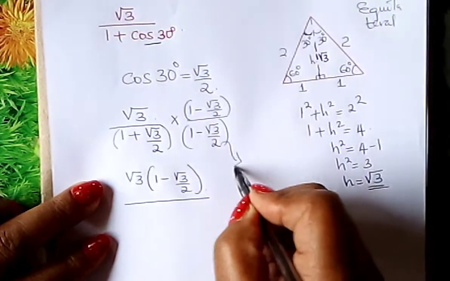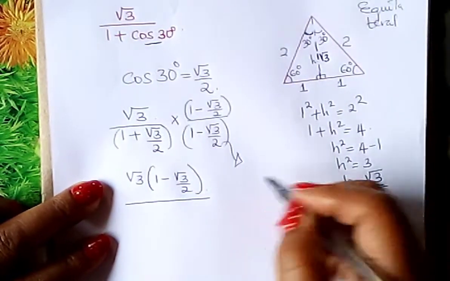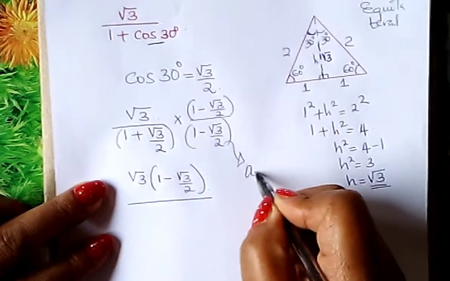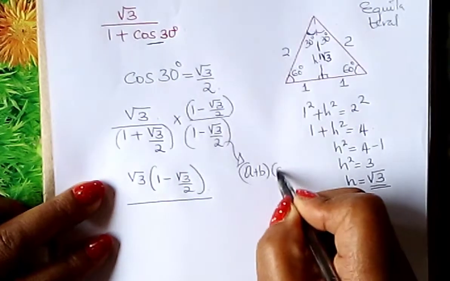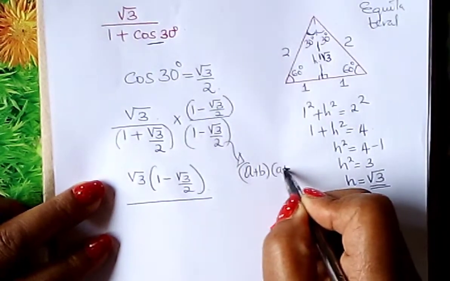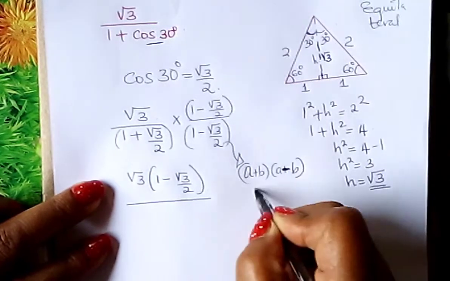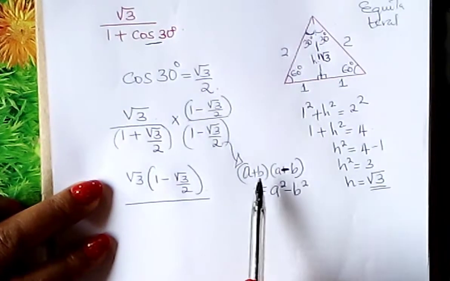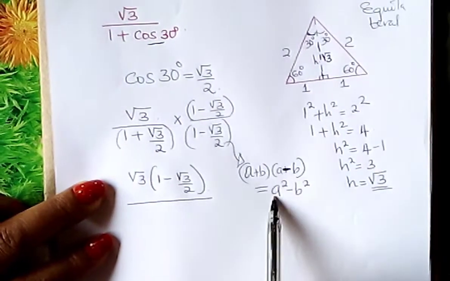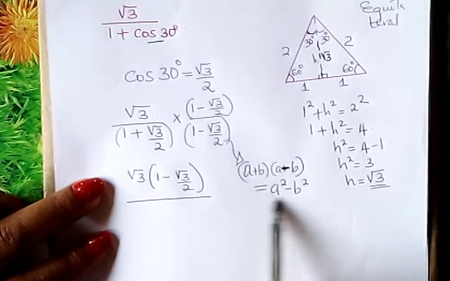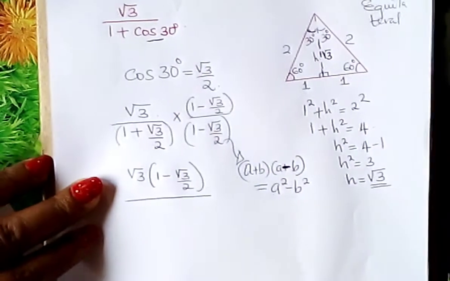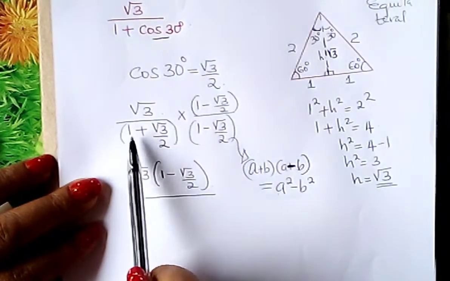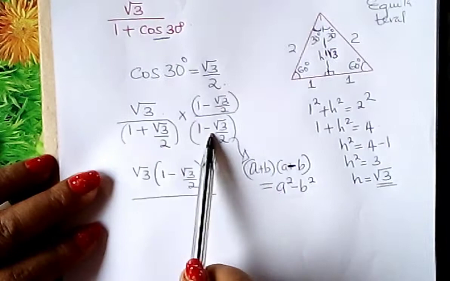Here you just apply the identity, a plus b, a minus b. If you expanded this, we normally get a squared minus b squared. We have used this several times. So the same thing applies to this. This is plus, this is minus.